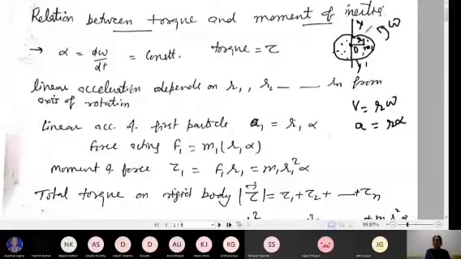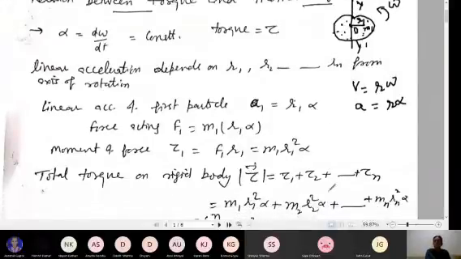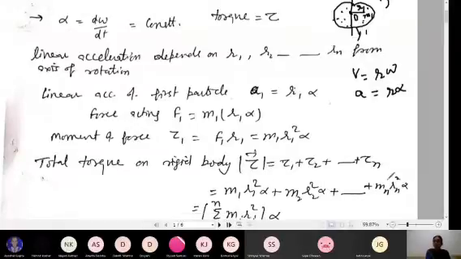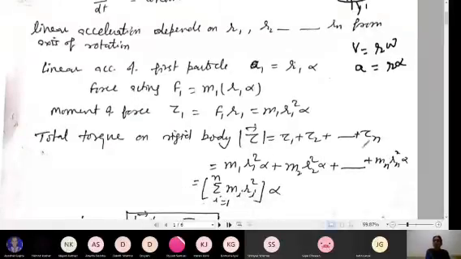If I take the total torque, tau, produced on all the particles, it is given by the sum of all the torques, taking maximum value magnitudes: tau1 plus tau2 plus tau3, and so on till tau n.